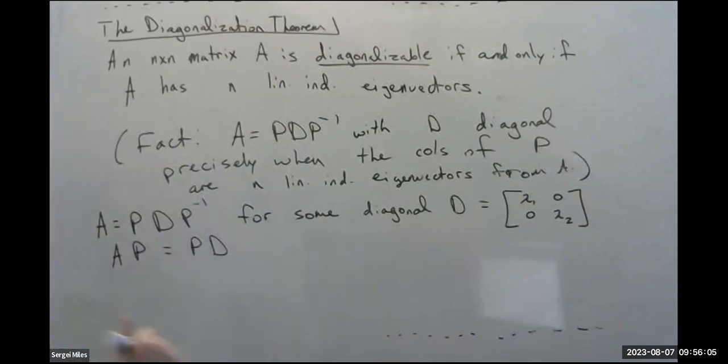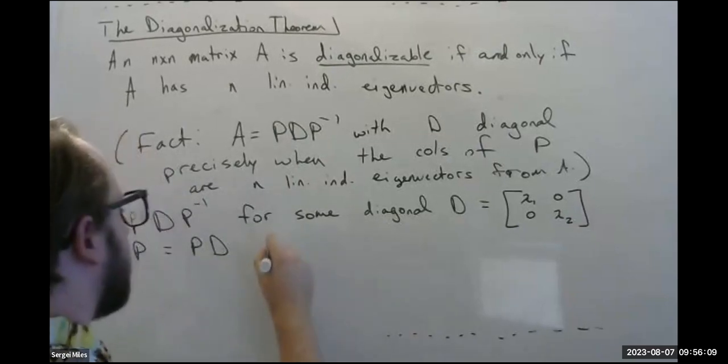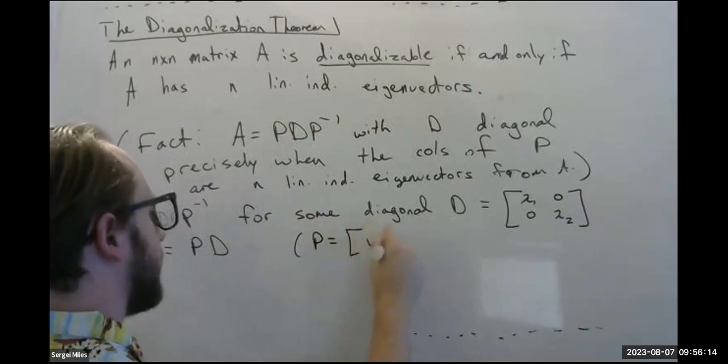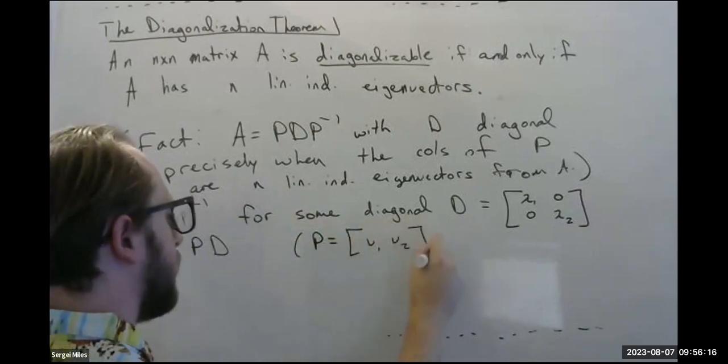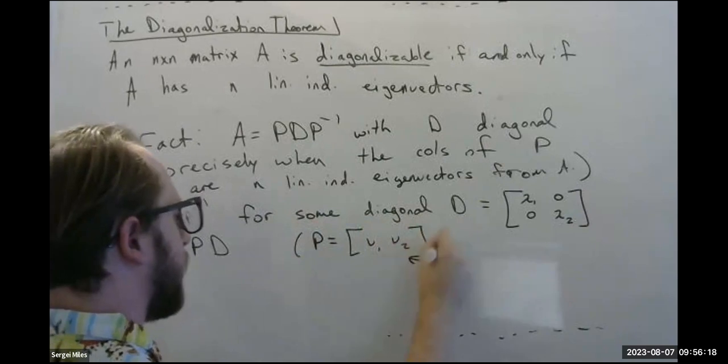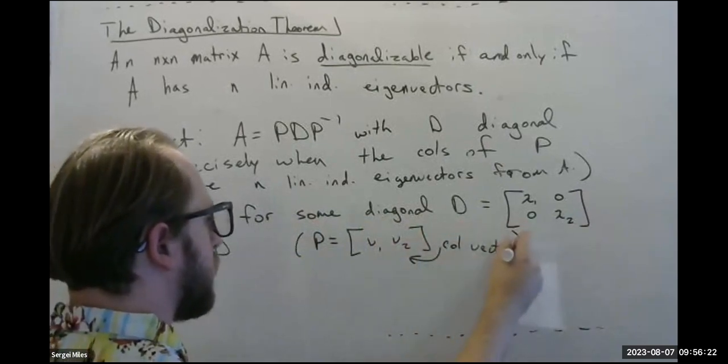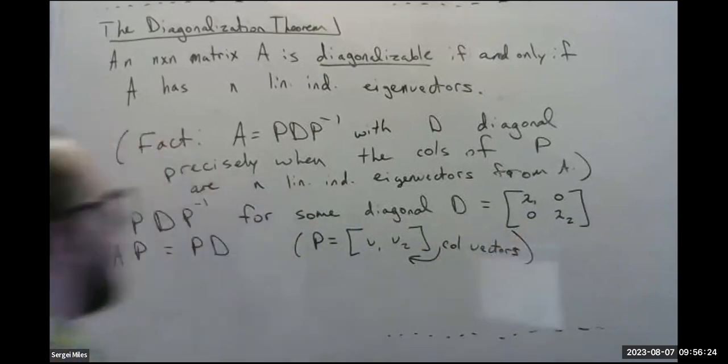Okay? So AP equals P times D, where P just has some column vectors.